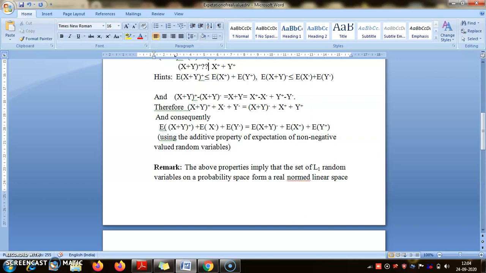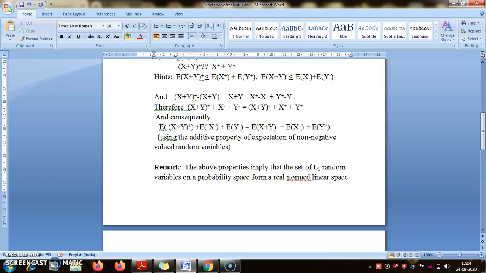Similarly, if x plus y is negative, then this will be equal to 0, but x plus and y plus are non-negative, so you also get a less than or equal to sign. So (x plus y) plus is less than or equal to x plus plus y plus.